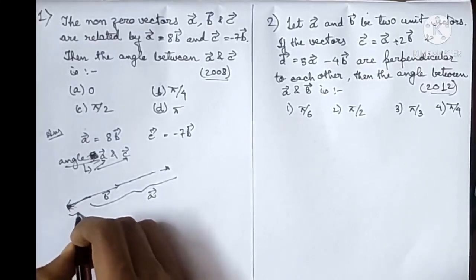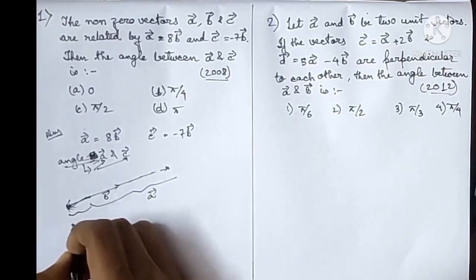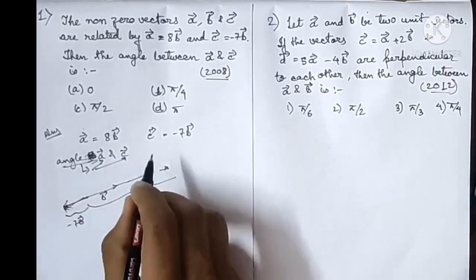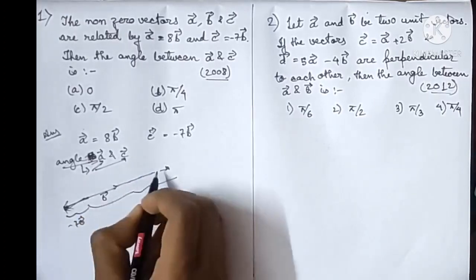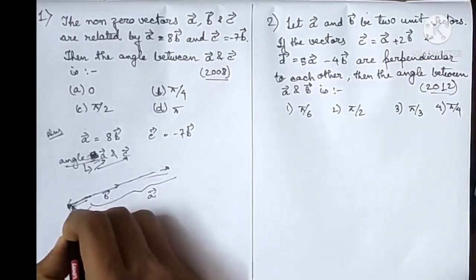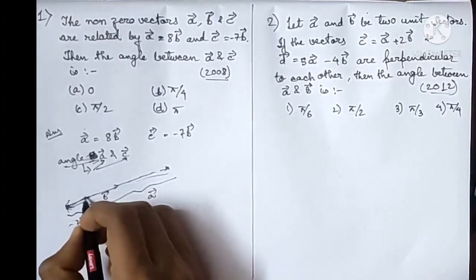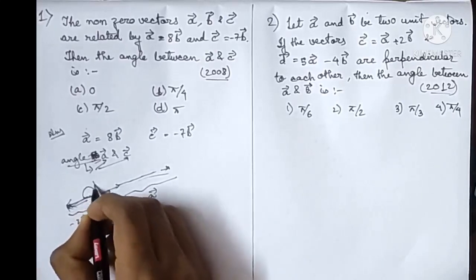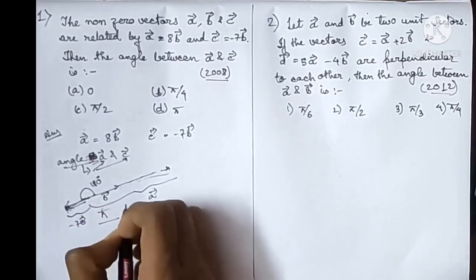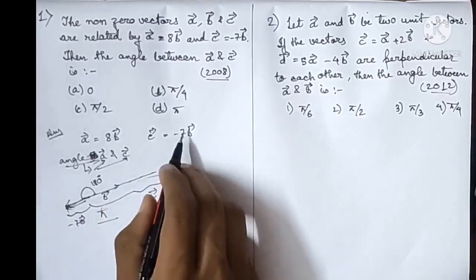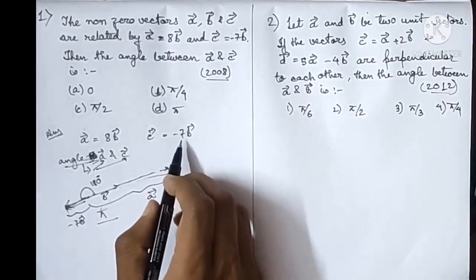So this is maybe minus 7b. Here we can see that the angle between this a and this c is exactly 180 degrees, that is pi.